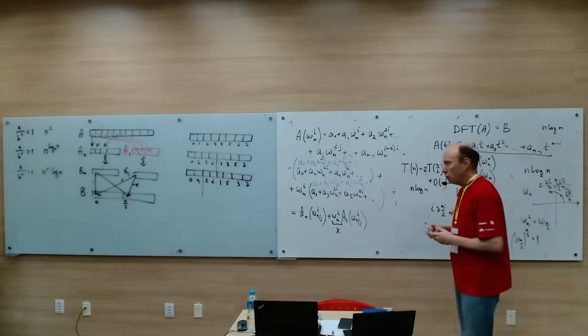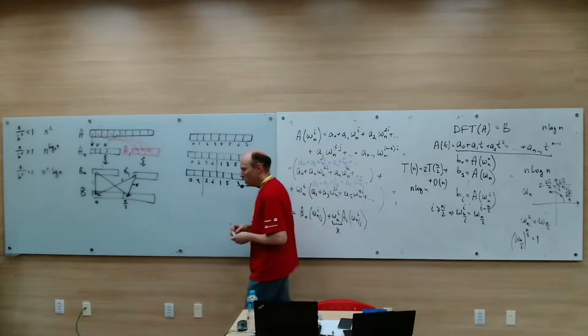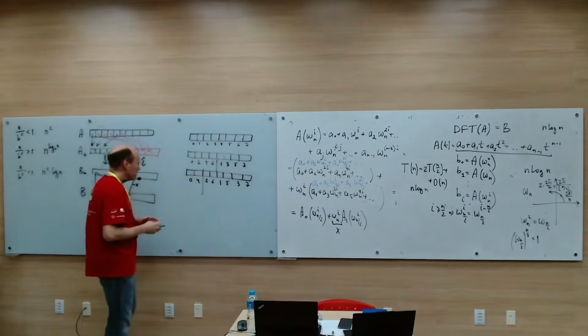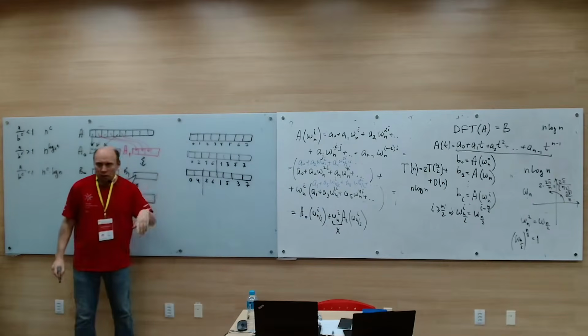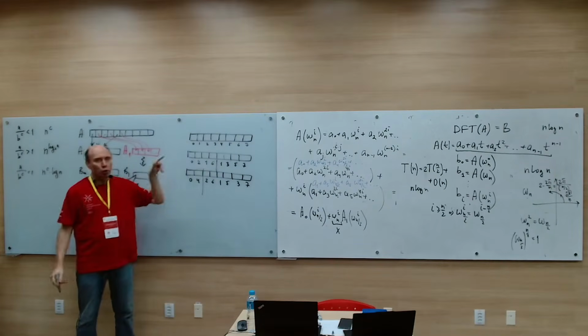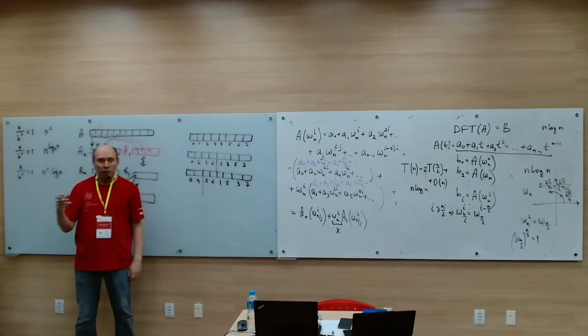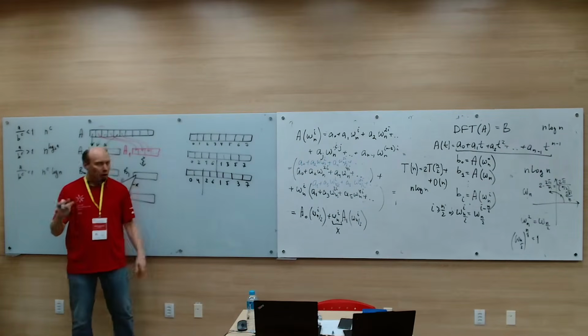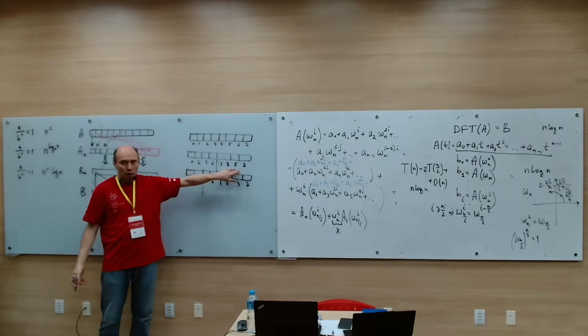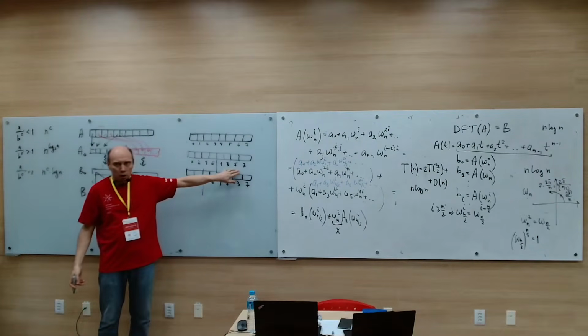But what is the nature of this permutation? How is it organized? The answer is, you see that the first part is those that are even, so their binary representation ends with 0. And the second are the numbers whose binary representation ends with 1.